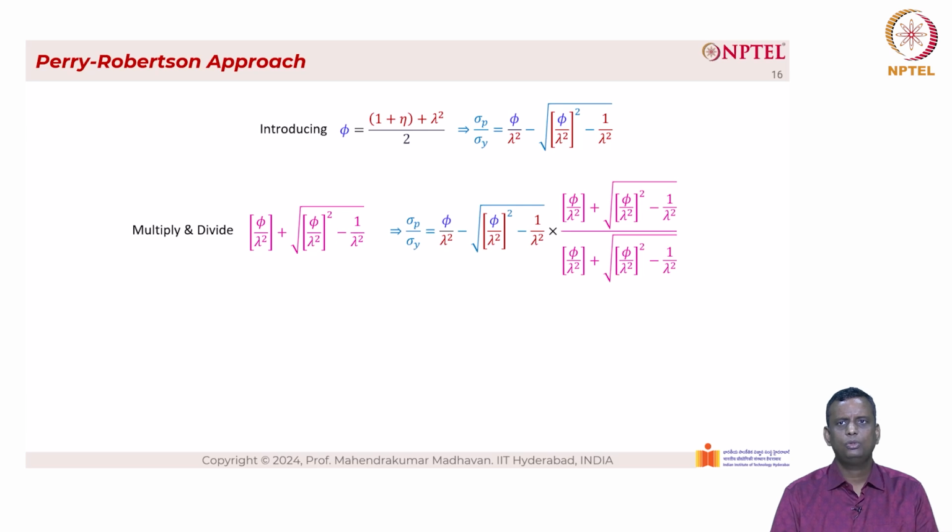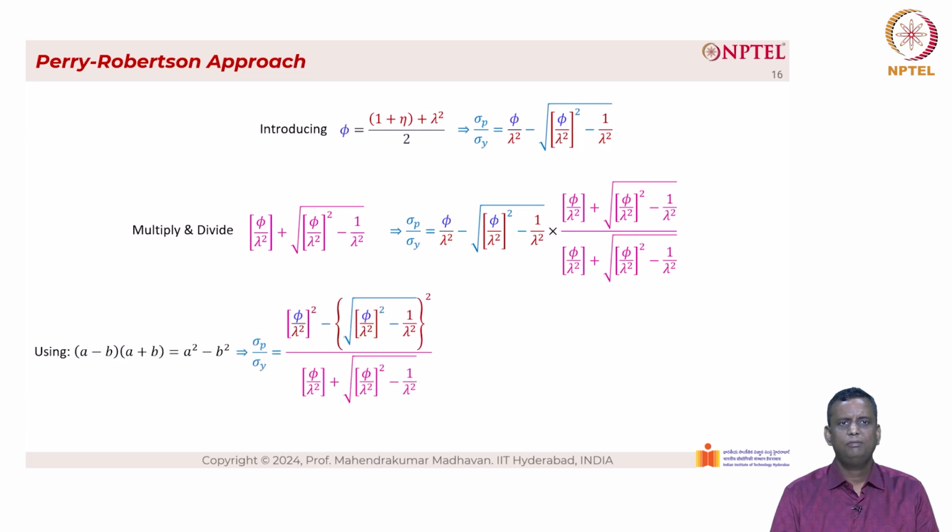When we do so, we use the identity (a − b)(a + b) equal to a² − b². So we have σ_P/σ_y equal to (φ/λ²) the whole square minus [the root of (φ/λ²)² minus 1/λ²] the whole square, divided by φ/λ² plus the root of (φ/λ²)² minus 1/λ².